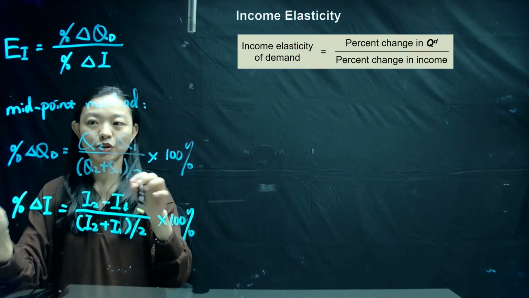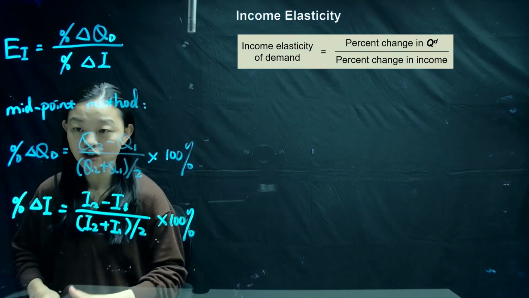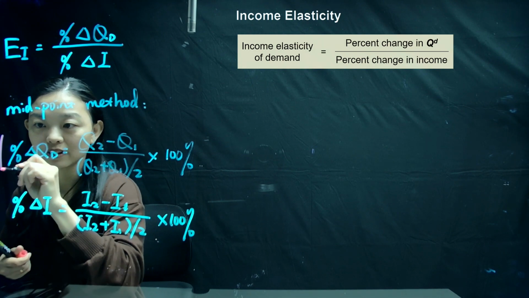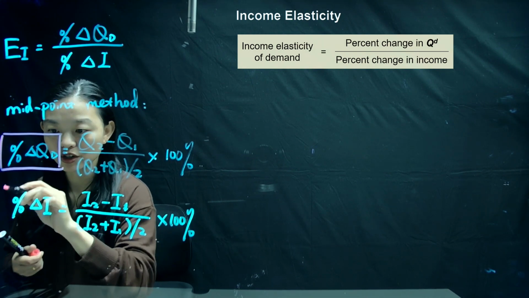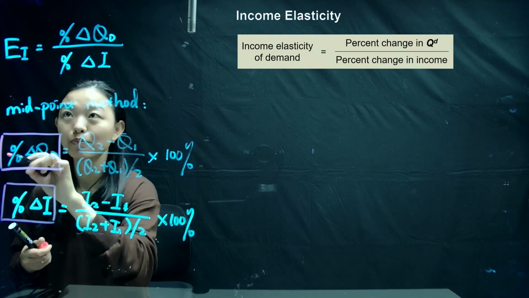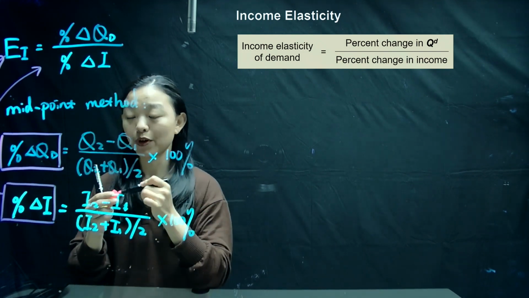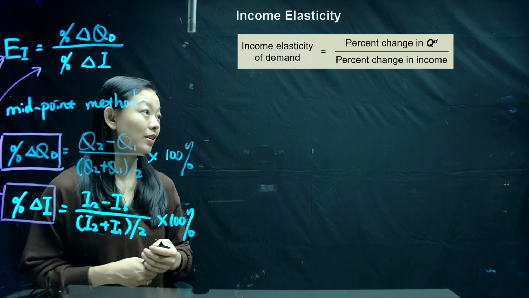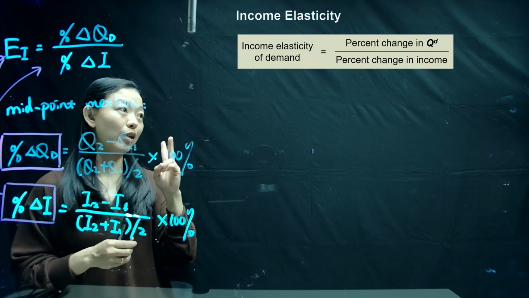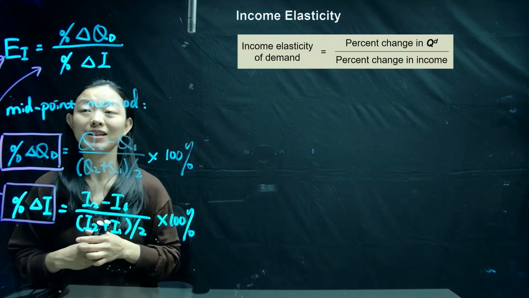From this part, we can compute the percentage change in demand and percentage change in income respectively, and then put them into this formula to compute the income elasticity. So there are two ways to compute income elasticity.